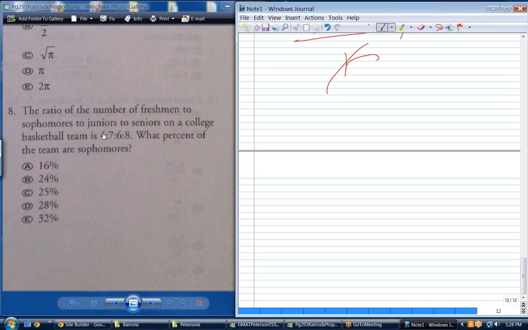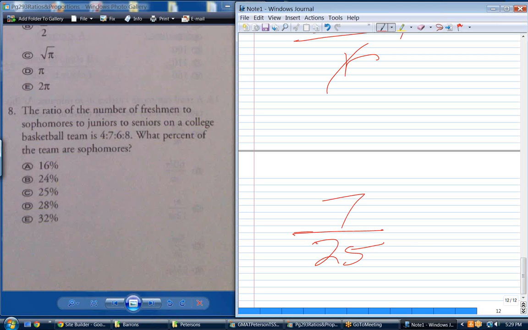Just add up these four numbers, and we can use that as our total. That's 25. So there's 25 students. How many of them are sophomores? 7. What percent is that?